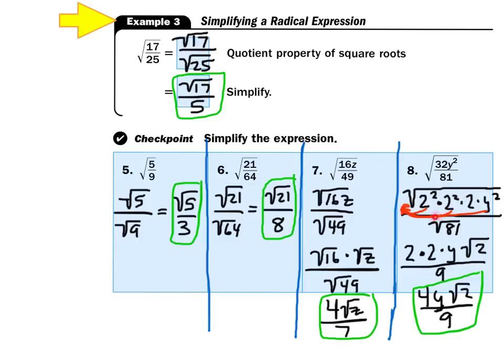I'm going to bring this guy out. That becomes another 2 on the outside. And I'm even going to bring the y out. That becomes y. So it's 2 times y times the square root of 2. Remember, that lonely 2 is stuck there. Over the square root of 81 is just 9. And then I just multiply these. 2 times 2 times y gives me 4y radical 2 over 9. And there's nothing else I can do.